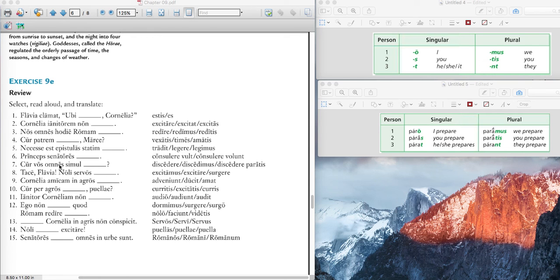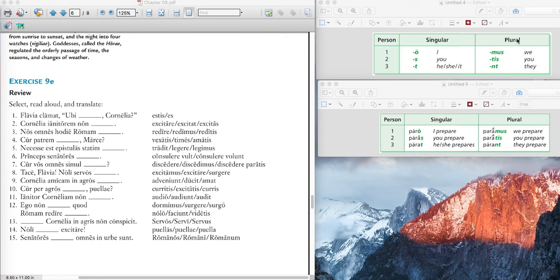Seven, cur vos omnes simul, and then blank. So vos, just like nos up here was we, vos is the word for you, meaning you all, you plural, not just two, which is you singular, but plural. So why, and then you all at the same time are doing something. So vos is second person plural.